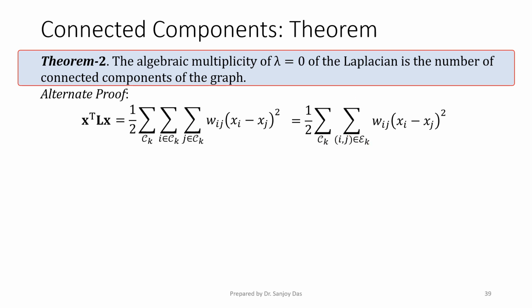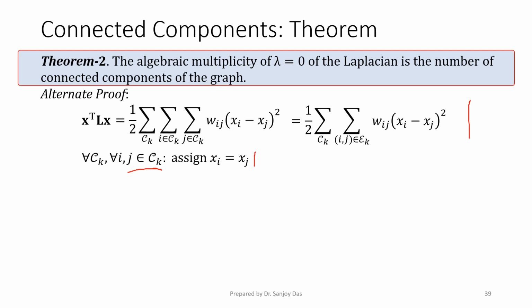And now, how do we make this equal to 0? For every connected component Ck, we assign the same values to all its vertices. So xi equals xj as long as i and j belong to the same connected component. But if i and j are in different connected components, they need not have the same value.